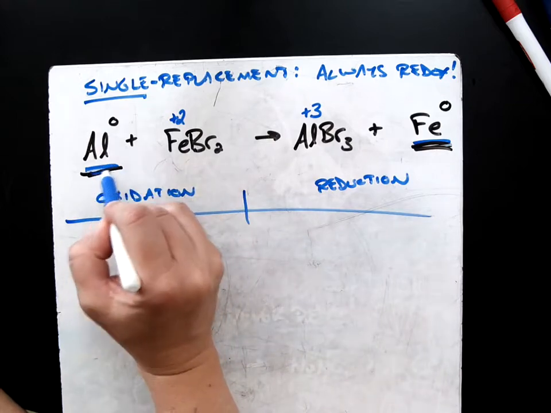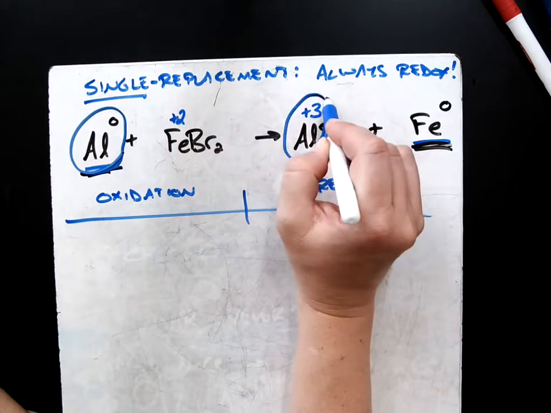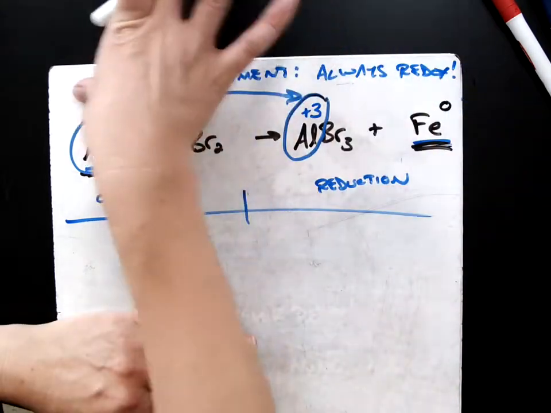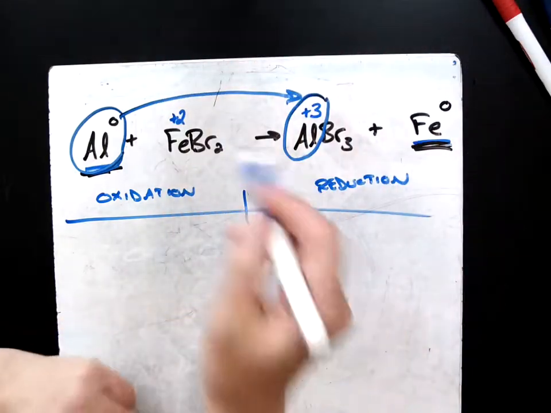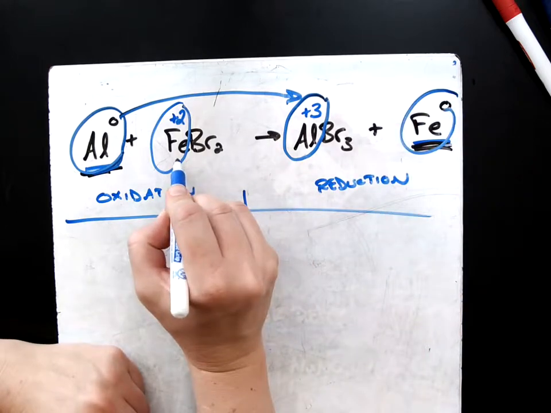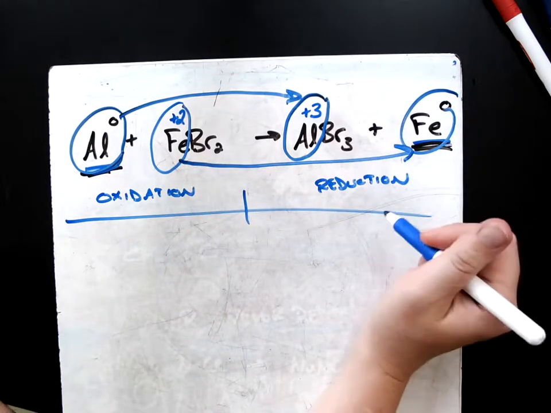The aluminum goes from 0 up to a +3 charge. He is definitely undergoing one of these changes. Okay. The iron is going from a +2 charge down to 0. He is definitely undergoing the other change. How do you remember what's what?